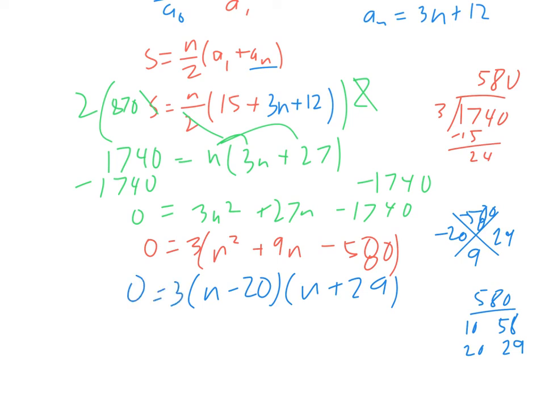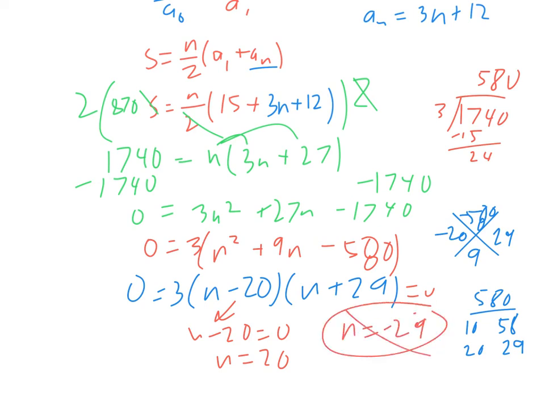And so I can split that up and set that equal to 0 and get n equals 20, and then set this one equal to 0 as well and get n equals negative 29. However, negative answers don't make sense for n since it's a number of numbers, so I'm going to say my answer to that one is 20.